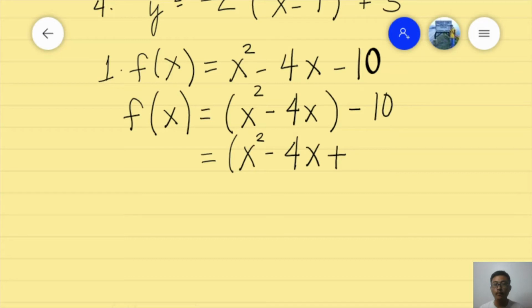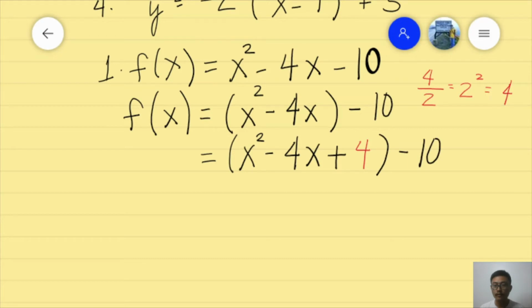Para magawa natin yan, that becomes 4 divided by 2 equals 2. Then, square natin siya, di ba? So, 2 squared, that is also we're going to add 4 here. And minus 10.